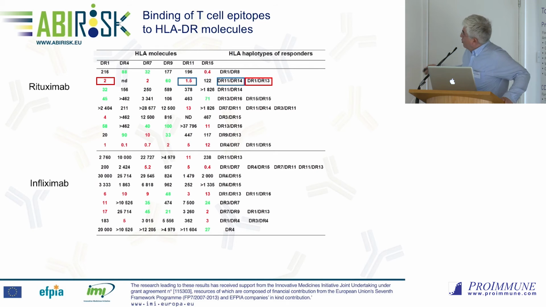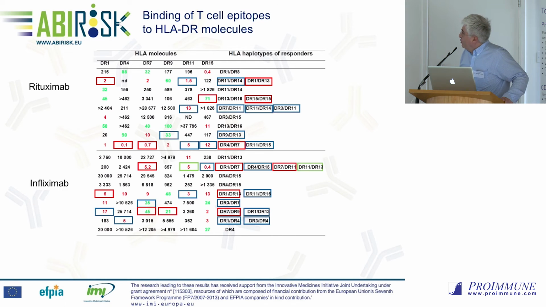The second responder donor to this peptide also responds to DR11, and the haplotype of this responder is also HLA-DR11. And this can be done with many of the peptides.